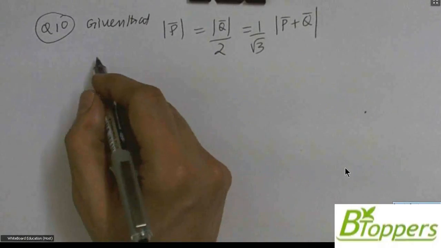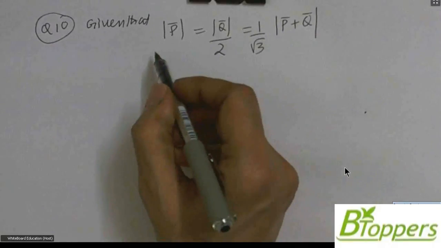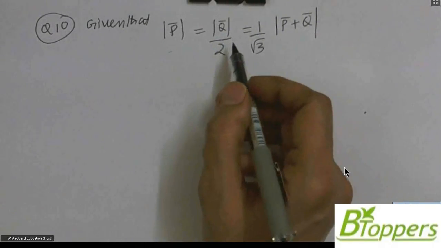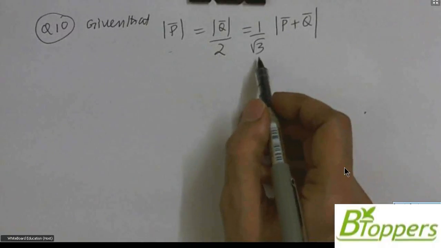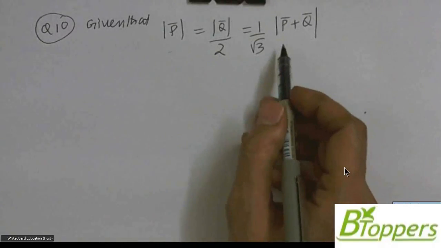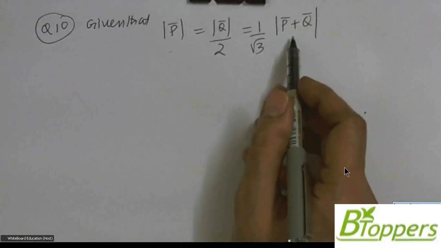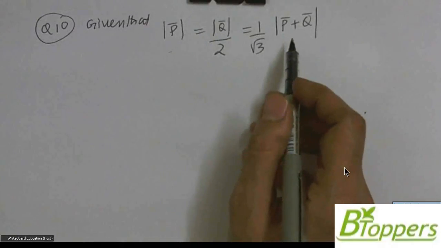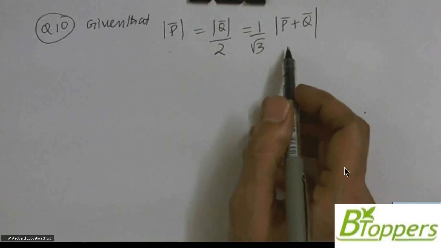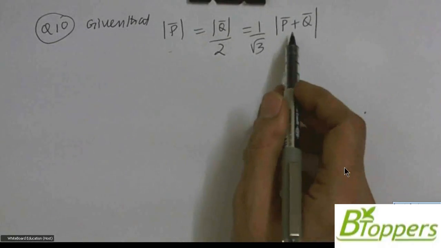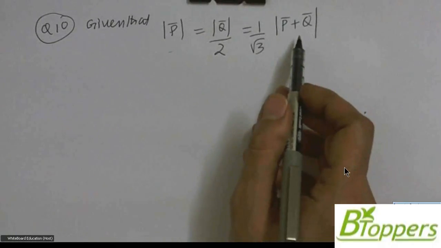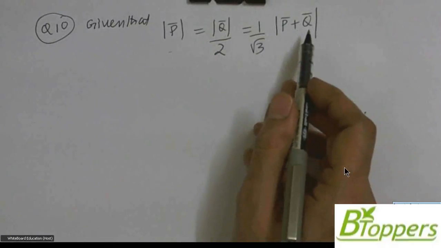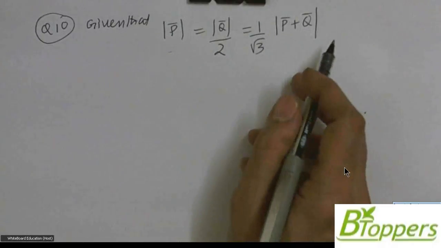Look at the solution of the question number 10. It's given that magnitude of P bar equal to half of magnitude of Q bar, which is also equal to 1 by root 3 times magnitude of resultant of P bar and Q bar. As I told you, sum of two vectors means resultant of two vectors. So whenever I write P bar plus Q bar, you make it a habit to read it as resultant of P bar and Q bar.